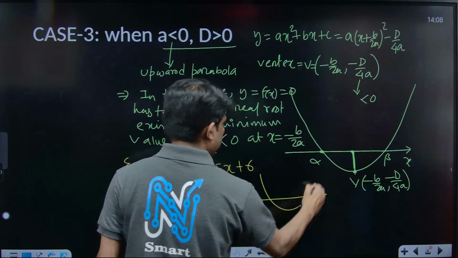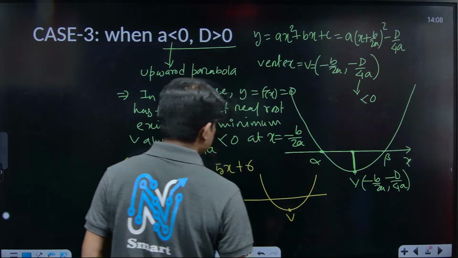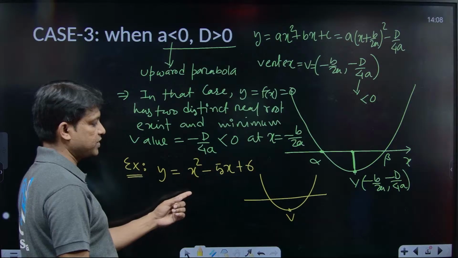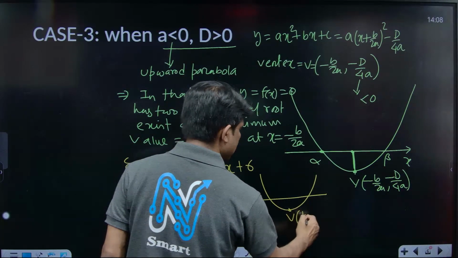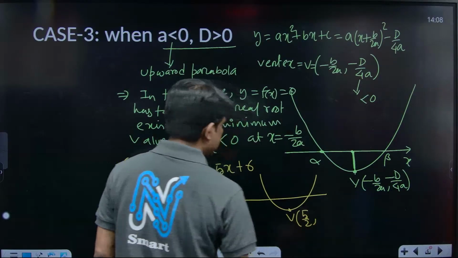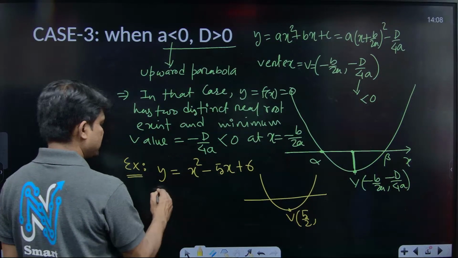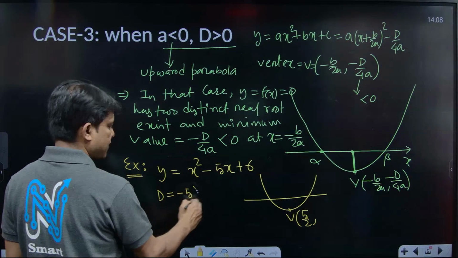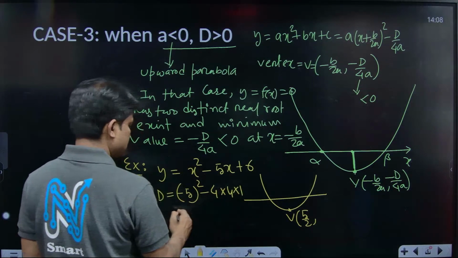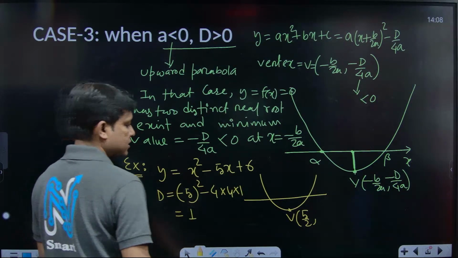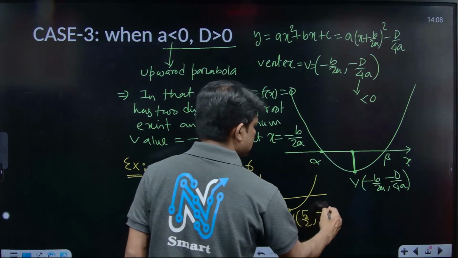Both roots are real. What is the vertex? Minus b by 2a means 5 by 2, and minus discriminant by 4a, where the discriminant is minus 5 whole square minus 4ac with a equal to 1, so minus D by 4a is minus 1 by 4.